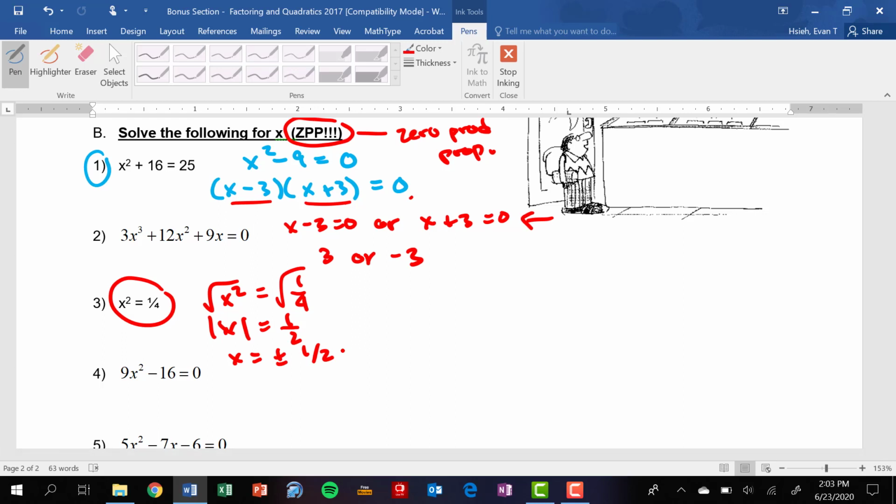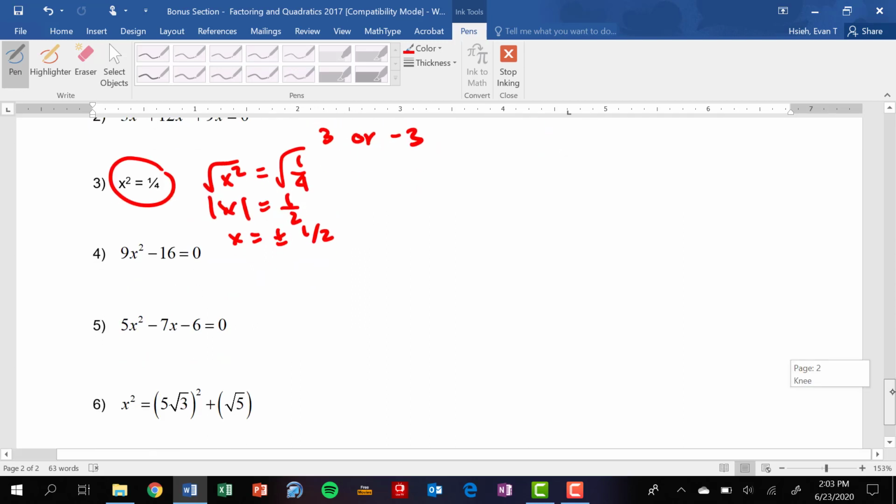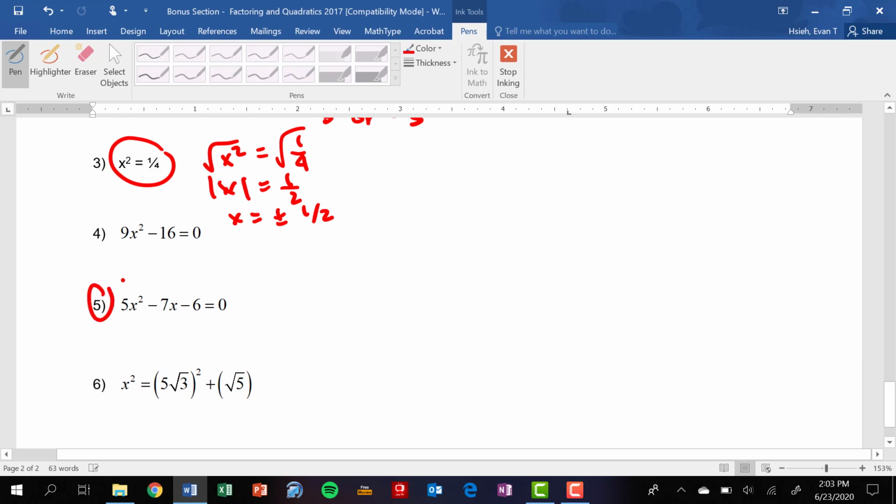And then there are other problems like this one down here where I can factor it. I'm going to factor it using one of the methods. I'm going to do guess and check, like I said on the front side, 5x and x. I'm looking for two numbers that multiply to negative 6, but these products here add up to negative 7.